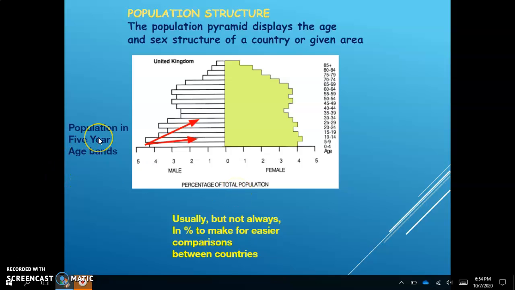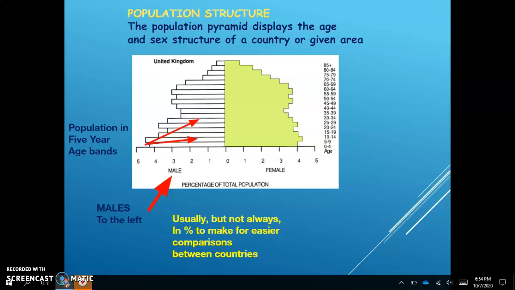So the population is in 5-year age bands. What that means is each tick mark on the pyramid will cover 5 years. It starts from 0 to 4, and then it goes in 5-year increments until you get to 85. Once you go over 85, because there are so few people in populations that really live to be past 85, you just group them all together and put them in one cohort.